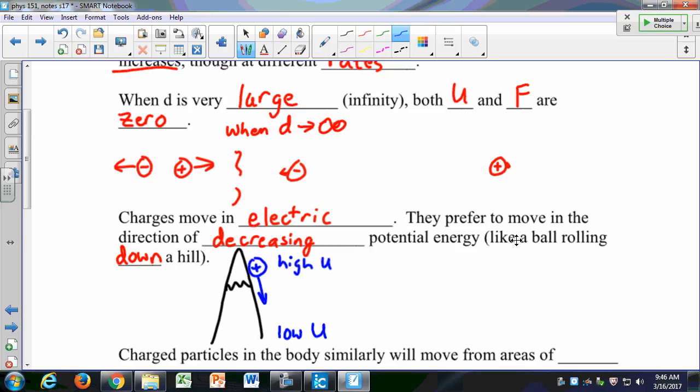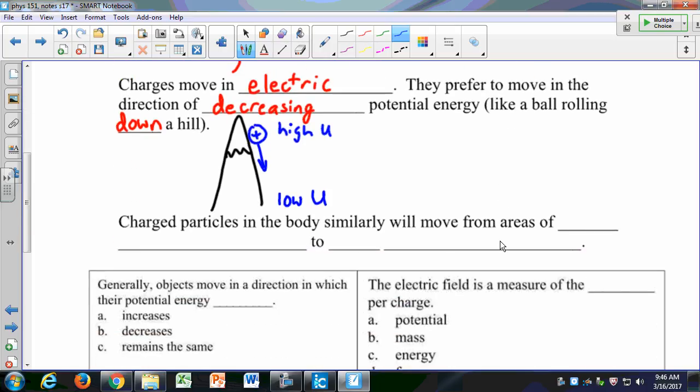That they will move from high to low potential. They will move from where it has lots of potential energy to where it has not that much potential energy. So charged particles in the body similarly will move from areas of high potential energy, that's our value for U, to low potential energy.